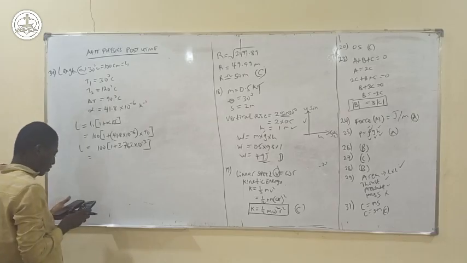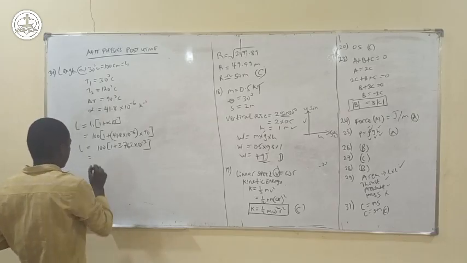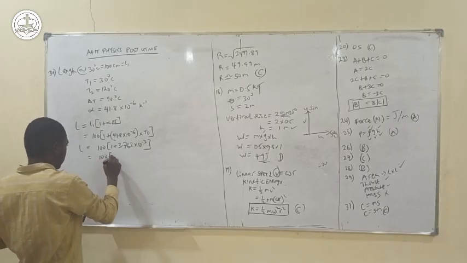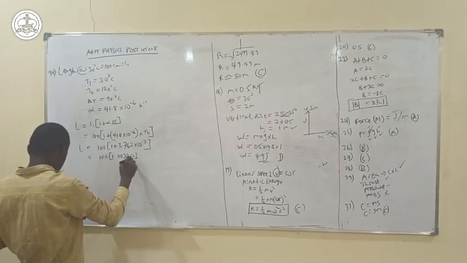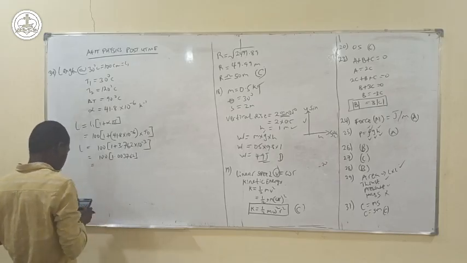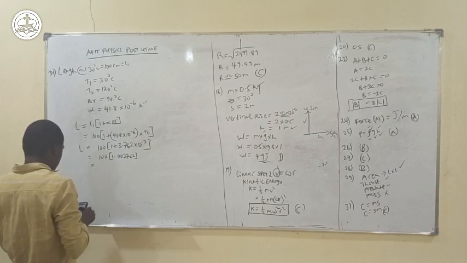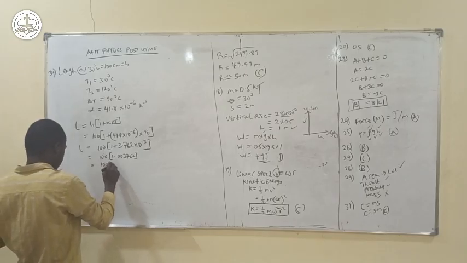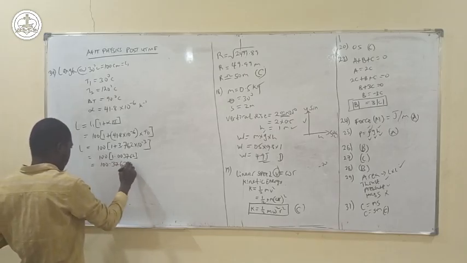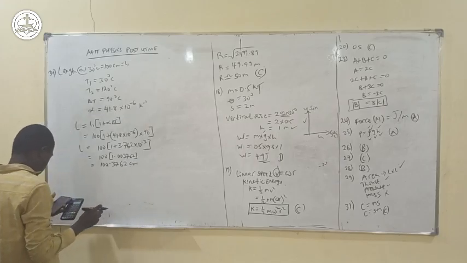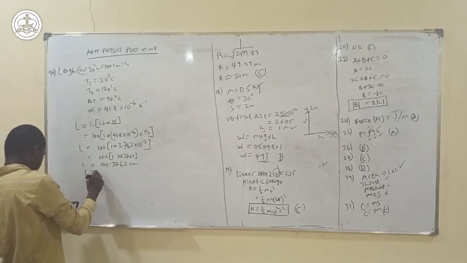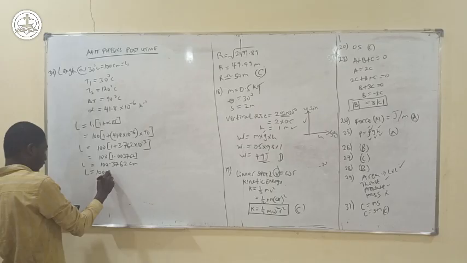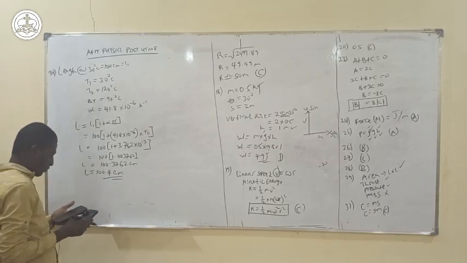So it's equal to 100 times 1.003762, which gives 100.3762 centimeters, or you can say L is approximately 100.4 centimeters.